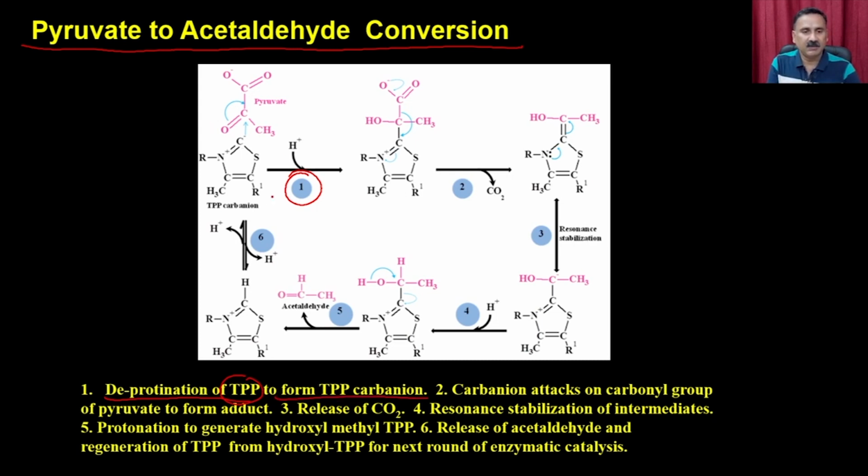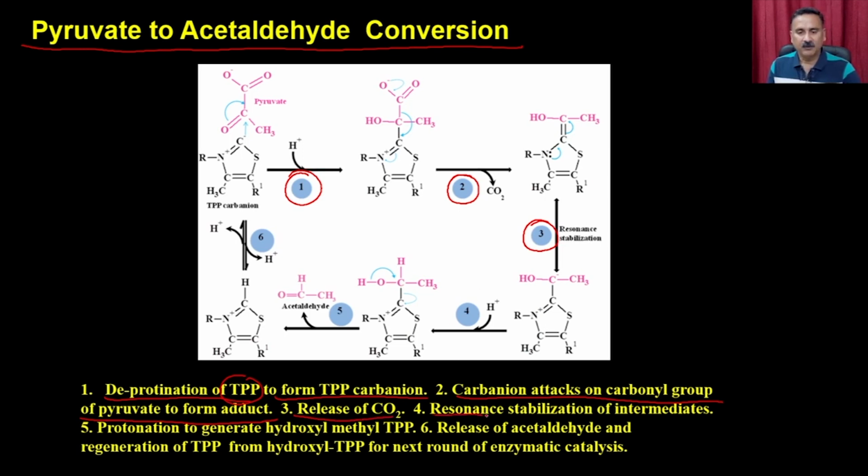Then in step 2, the carbonium attacks the carbonyl group of the pyruvate to form the adduct. Then in step 3, there is a release of carbon dioxide, so there is a decarboxylation reaction.